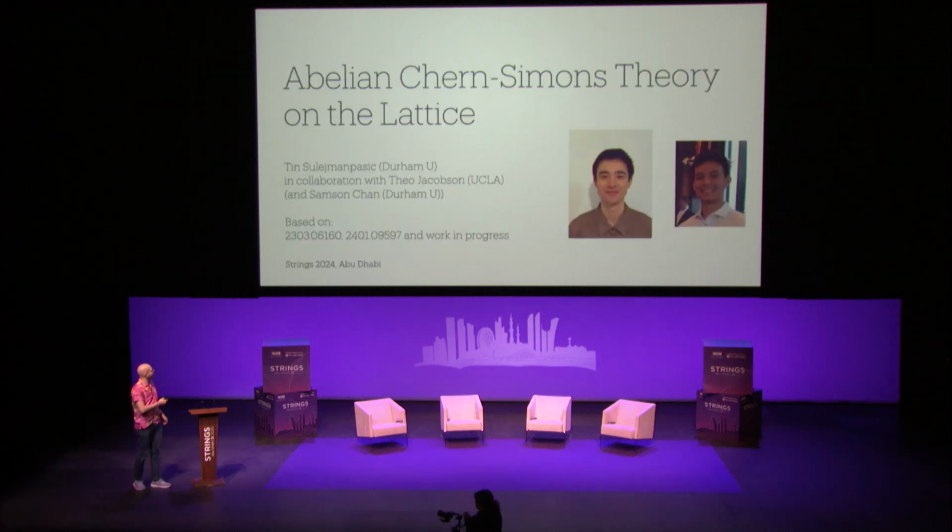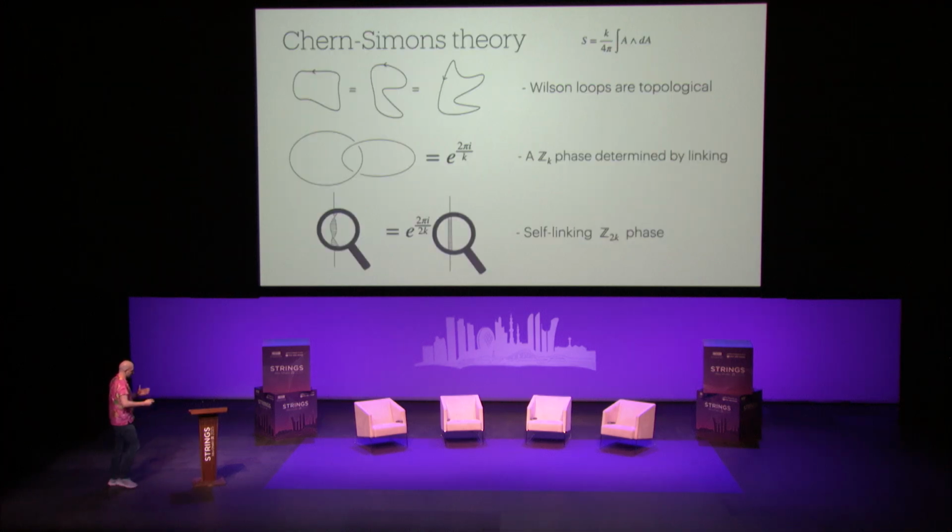So what I want to talk to you about is how to put Chern-Simons theory on the lattice. I don't think we gave a complete answer, but it seems to be the right direction. I want to remind you about Abelian Chern-Simons theory in the continuum and some features that it has, which this audience probably knows very well. The basic observables are Wilson loops, and they're topological.